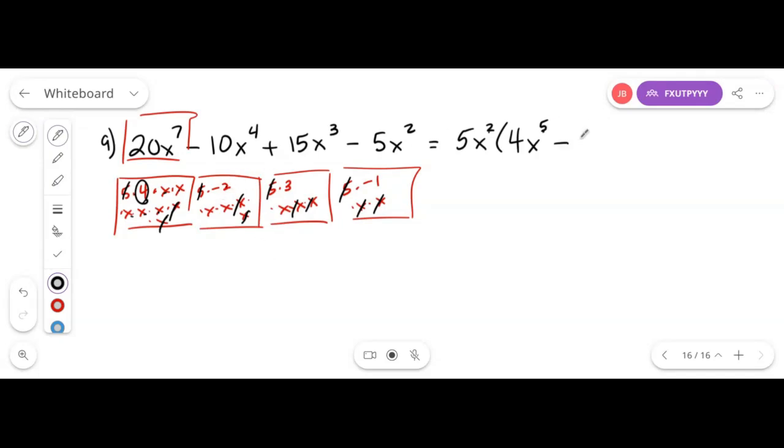Minus 2x squared plus 3x minus 1. This is not hard. Okay, about number 8. All right, let's go back to number 8.